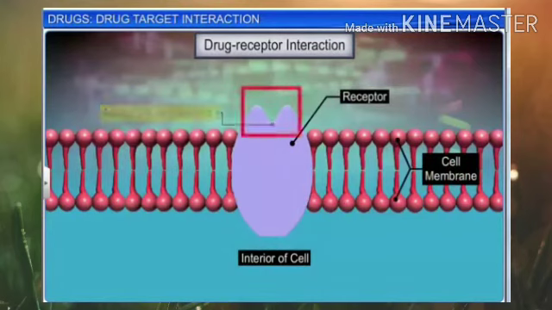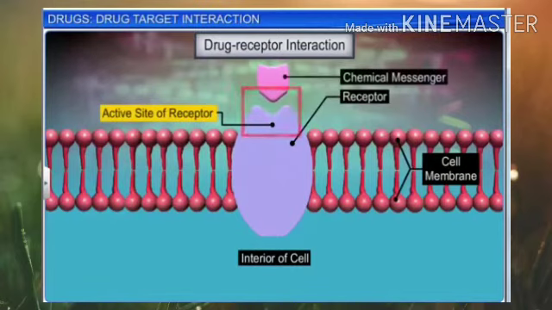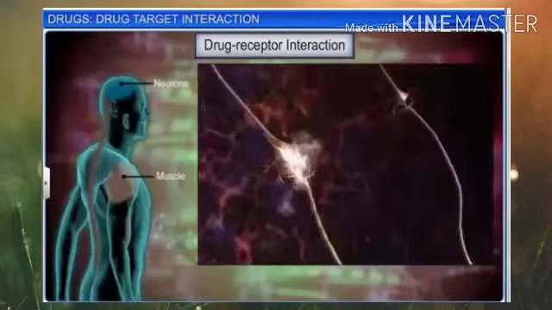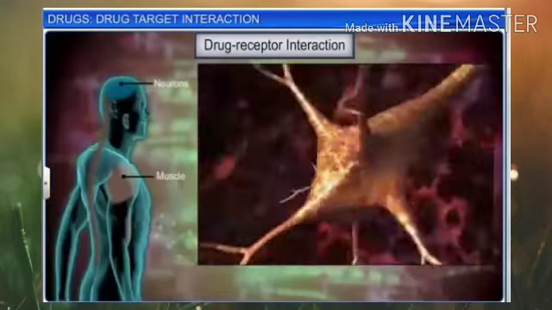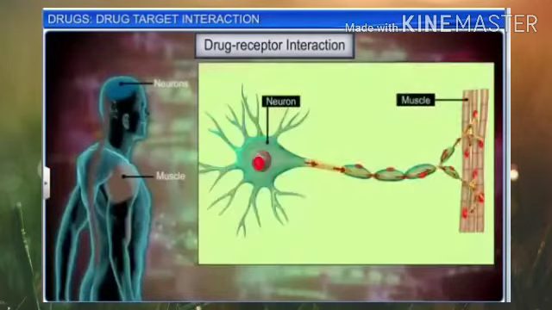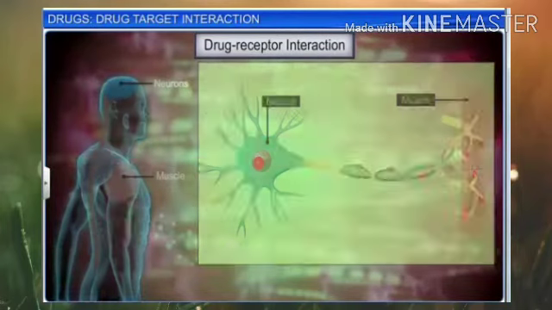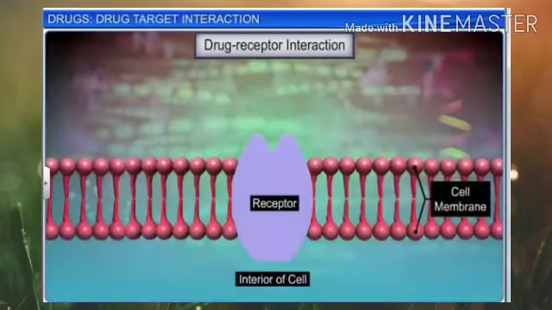The active site of a receptor extending out of the membrane receives chemicals known as chemical messengers, which pass messages between two neurons and between neurons and muscles. The active site of a receptor changes its shape slightly to accommodate a chemical messenger.